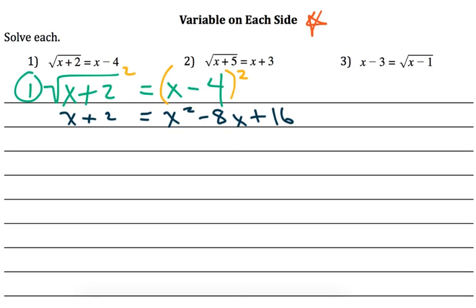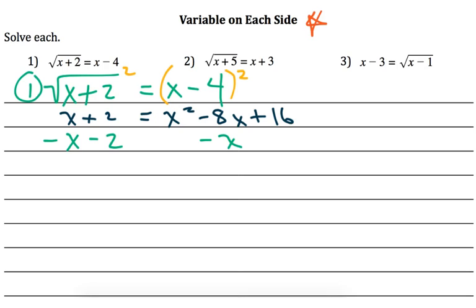Now I want to look at this and realize that there's a quadratic. That means that the only way I can solve for these is if 0 is isolated to one side. So I'll take x, and really if you want you can take away 2 as well.